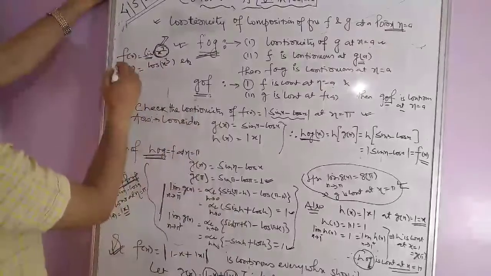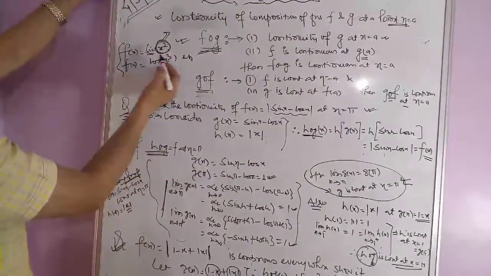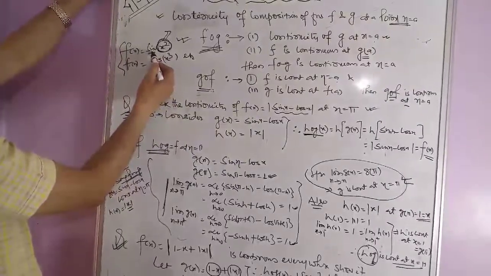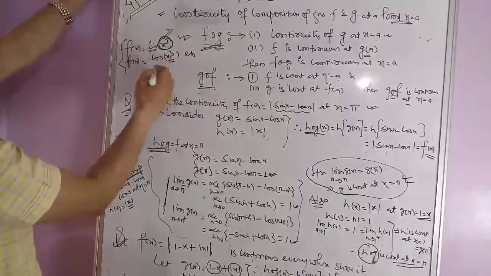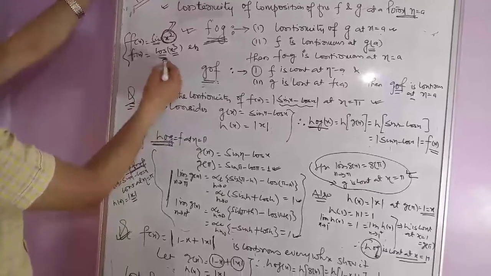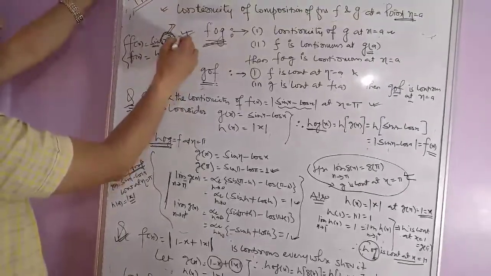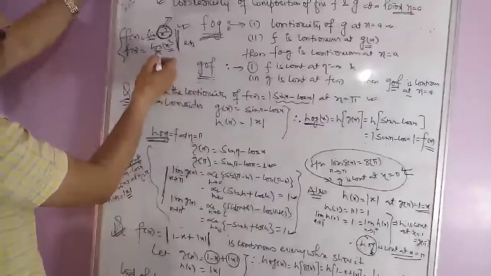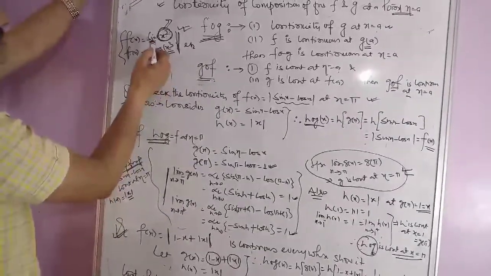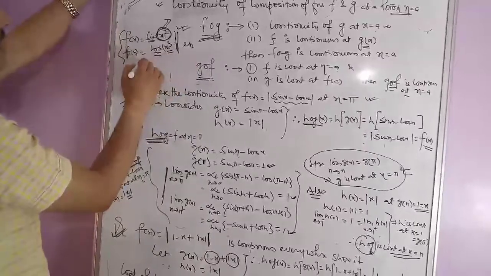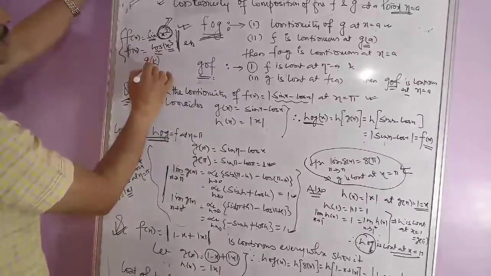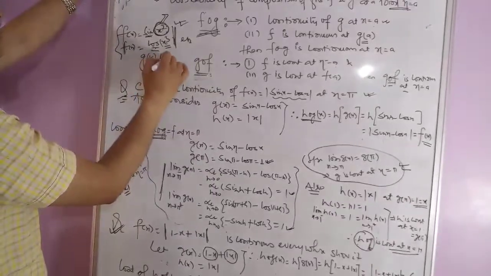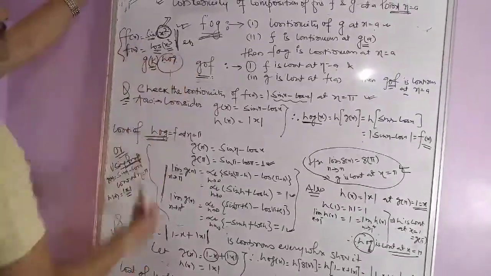In the same manner, we show these two questions considering x square as g(x), sin x as h(x), and here x cube as g(x) and cos x as h(x). Here x square and x cube are polynomial functions, everywhere continuous, and sin x and cos x are everywhere continuous. So these two are continuous at the point g(k), where k is any real number. So the composition of h and g is continuous.